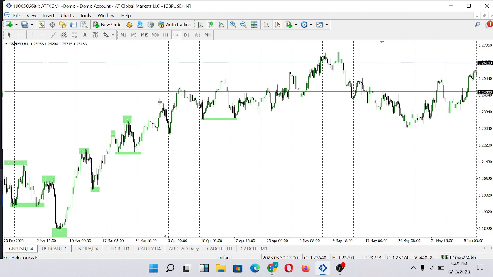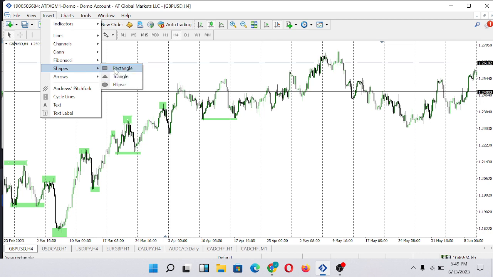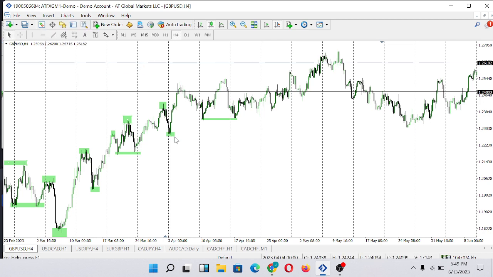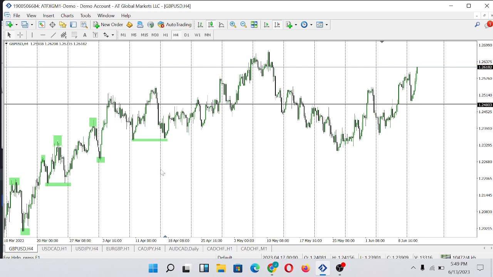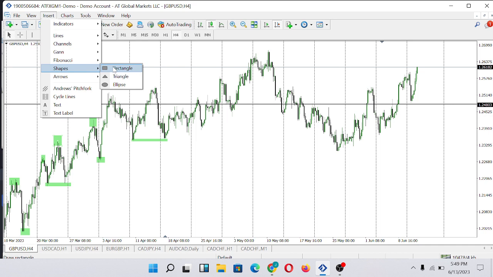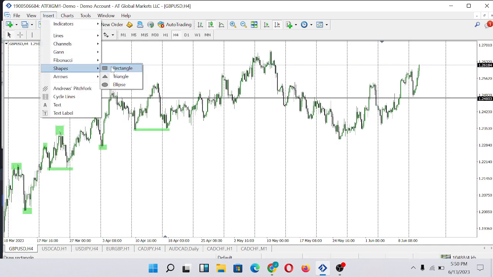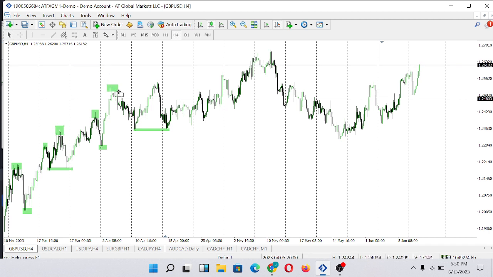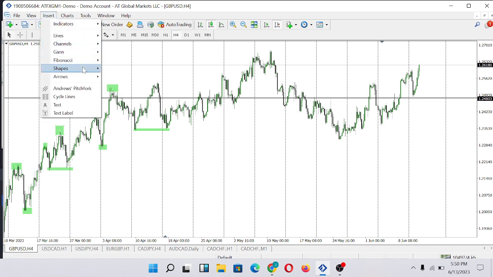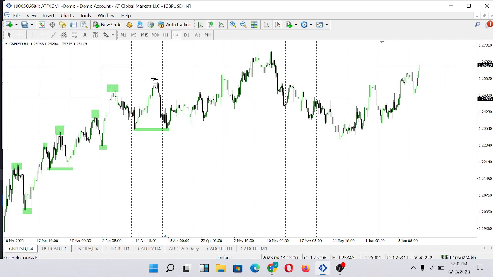Uptrend, uptrend, uptrend movement, uptrend, right?